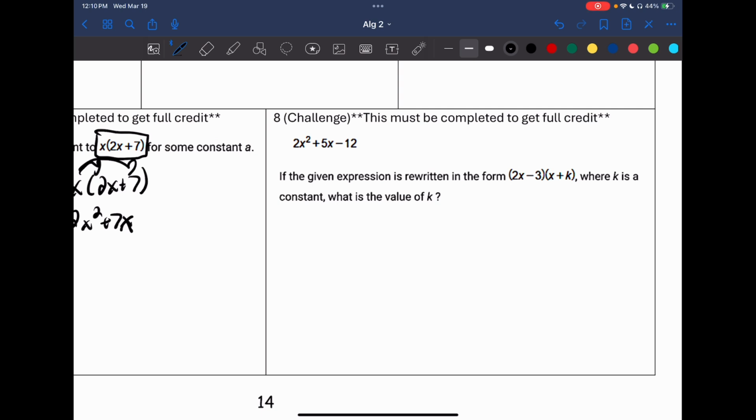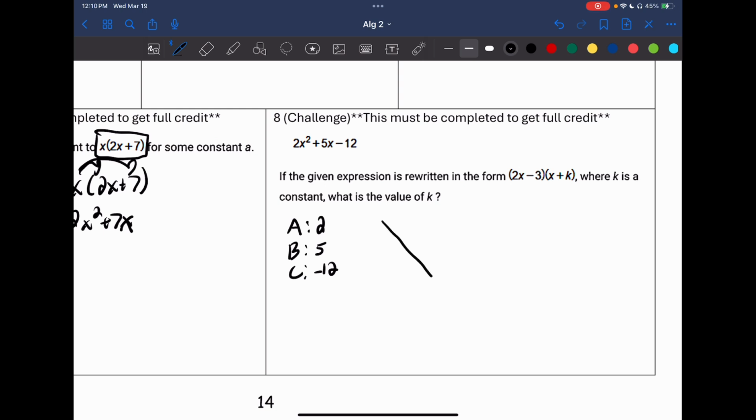I'm going to look for a GCF there between 2, 5, and negative 12. I don't see a GCF, so we can't make this any simpler, which means we're going to jump right into our coefficients, A, B, C, which is 2, 5, negative 12.